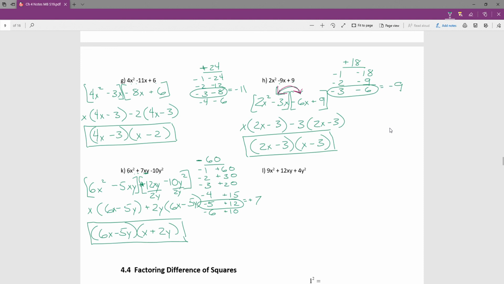Last one, I'd have 9 times 4, so a positive 36 at the top of my number puzzle. I'd want to factor this in as many ways as I can. I've got a positive 36. I look to my b term, I've got a positive number.